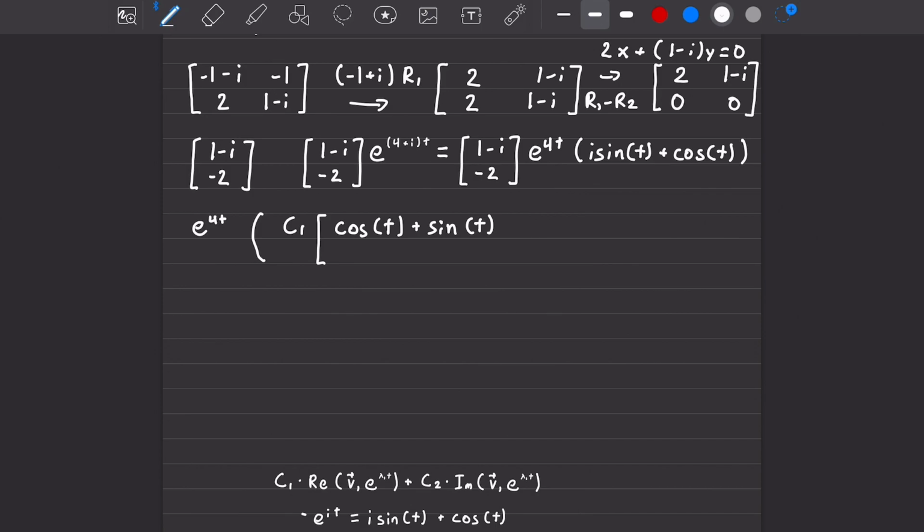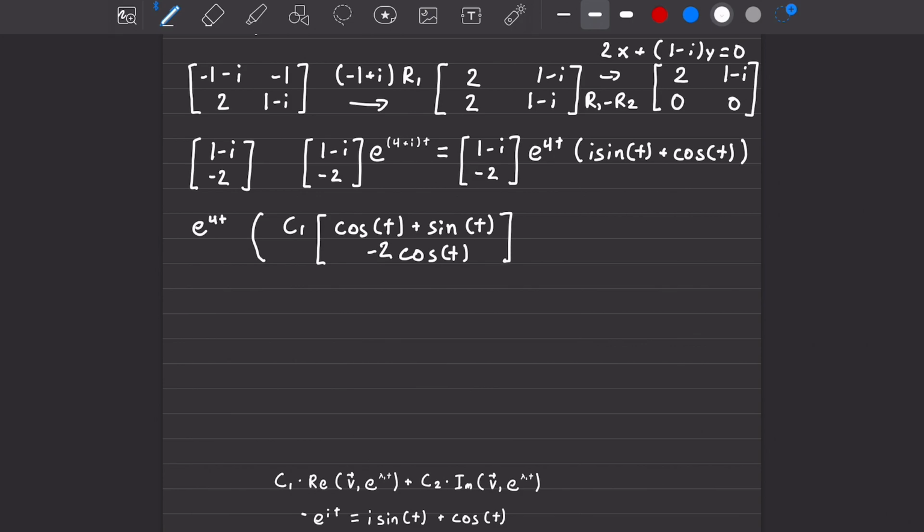So now we're going to be looking for our imaginary part. And sorry, before we move on to that, actually, let's also multiply on the bottom. So to get a real part on the bottom, we can only multiply negative 2 with cosine of t, right? So we're going to have a negative 2 cosine of t over here.